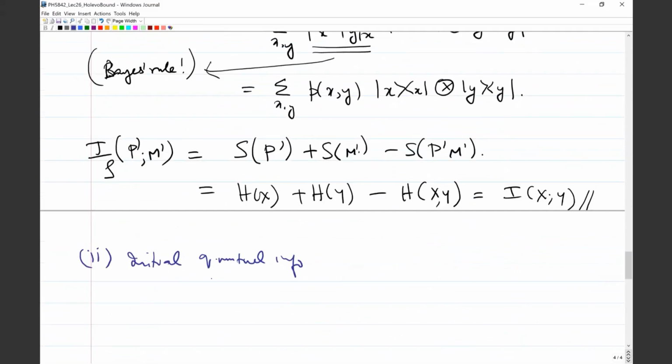Now obviously the information is only between P and Q. M is uncoupled to P and Q. So this is the mutual information between P and Q in the state rho. Remember that the state rho PQ without the M system is simply this.